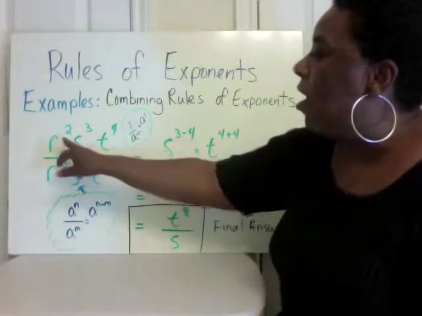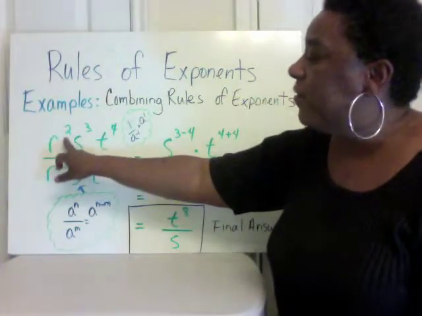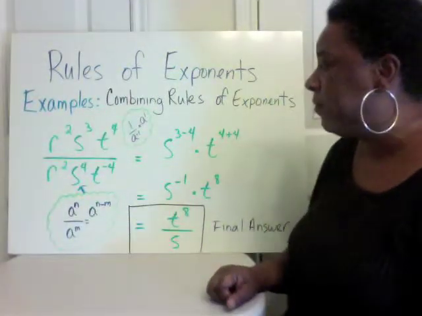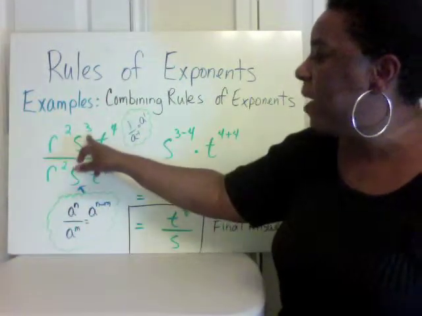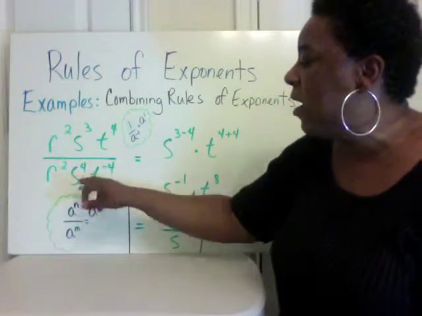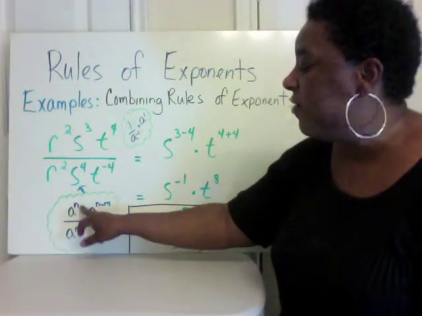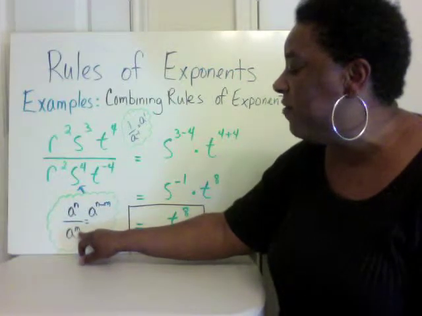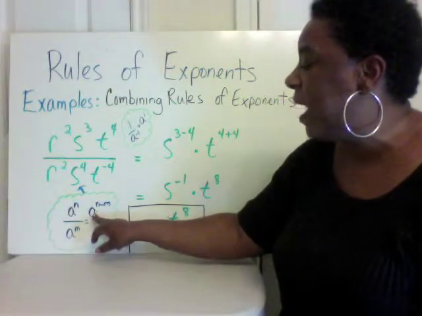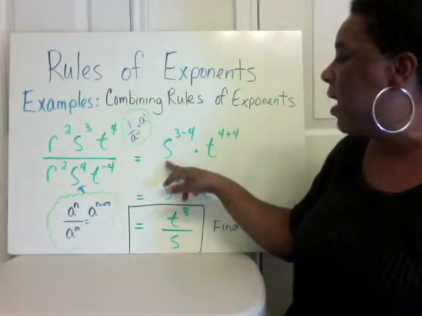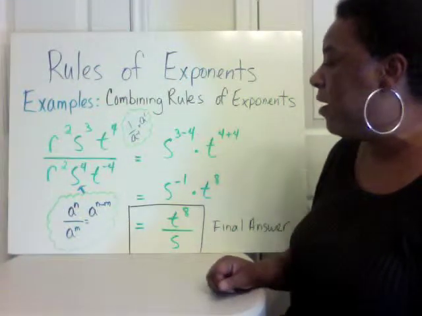And so r to the power of 2 divided by r to the power of 2 cancel out. And for s to the power of 3 divided by s to the power of 4, we can use our rule that says a to the power of n divided by a to the power of m equals a to the power of n minus m. And so we have s to the power of 3 minus 4.